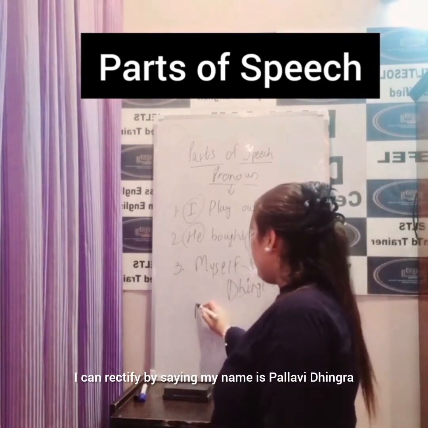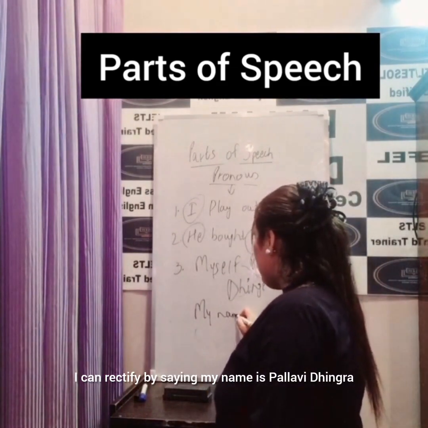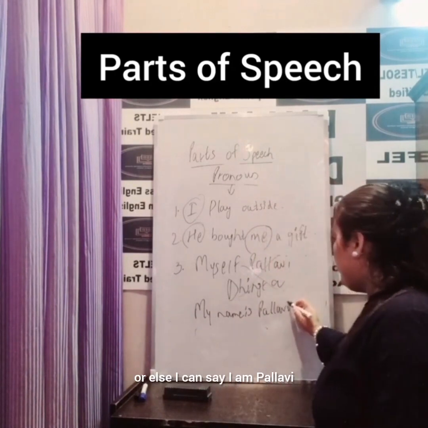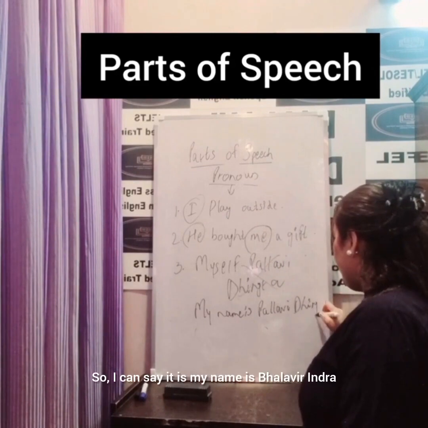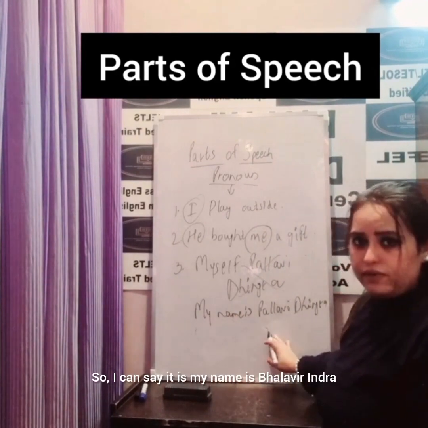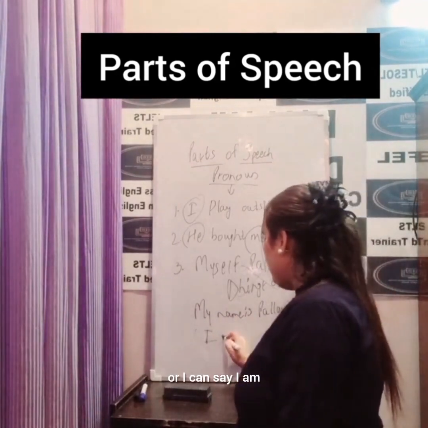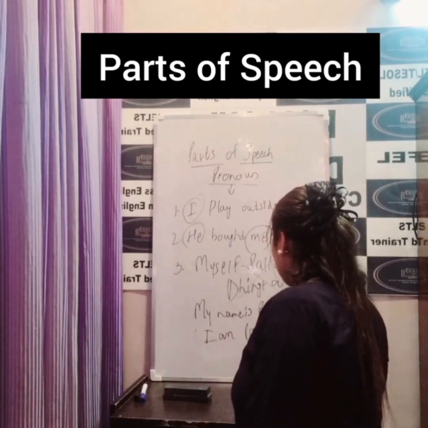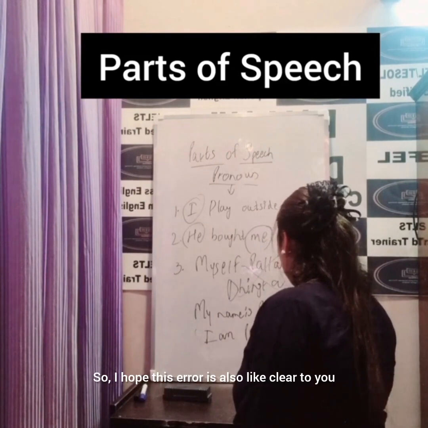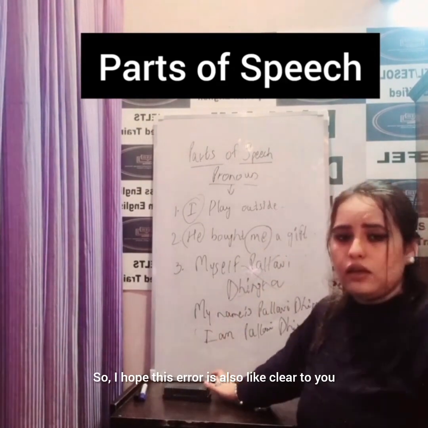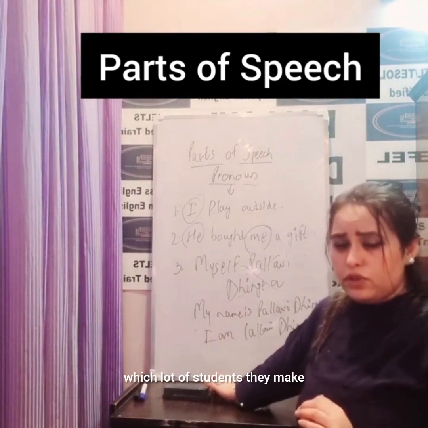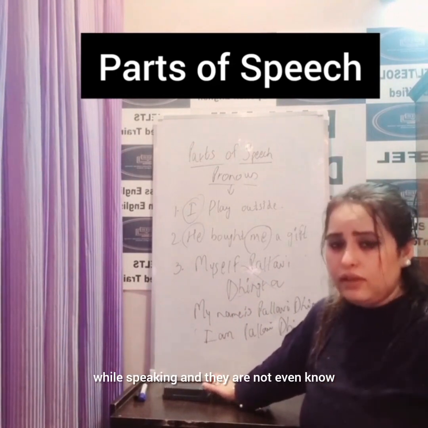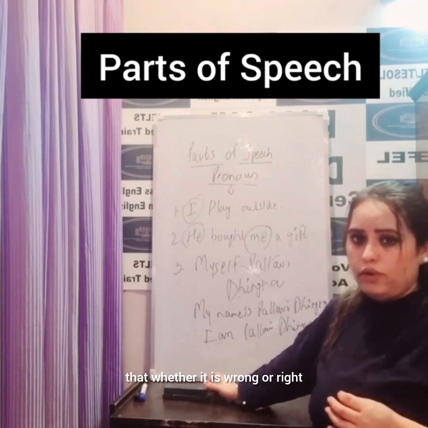I can rectify it by saying "My name is Pallavi Dhingra", or else I can say "I am Pallavi Dhingra". I hope this error is also clear to you, which a lot of students make while speaking, and they do not even know whether it is wrong or right.